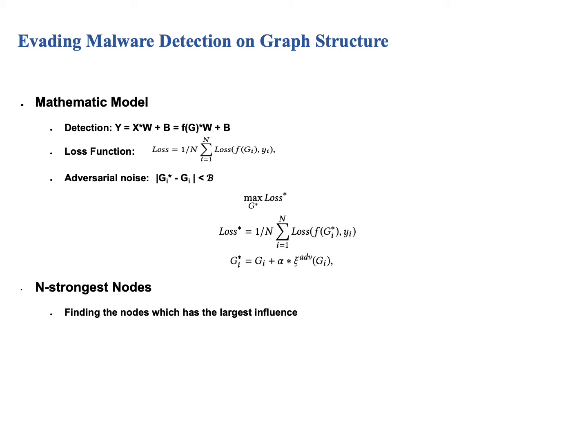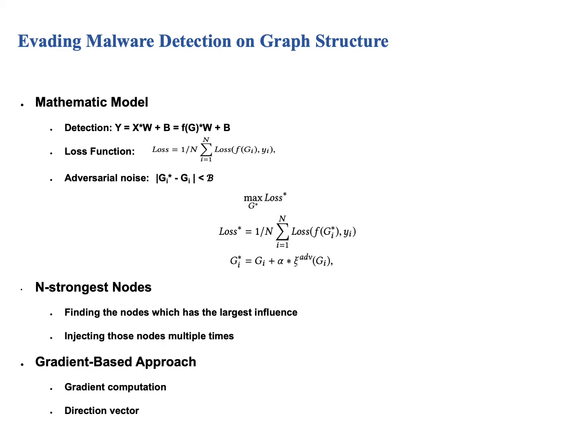In order to achieve the purpose of the adversarial noise, we have 2 ways. The first method is the n-strongest node, and the other one is the gradient-based method.